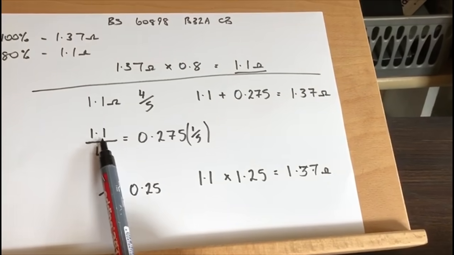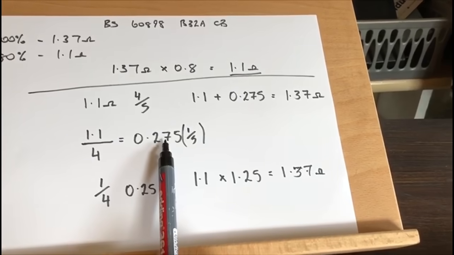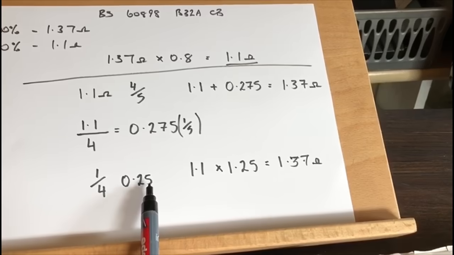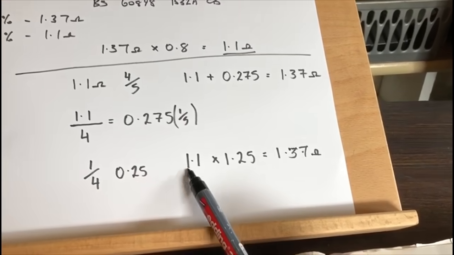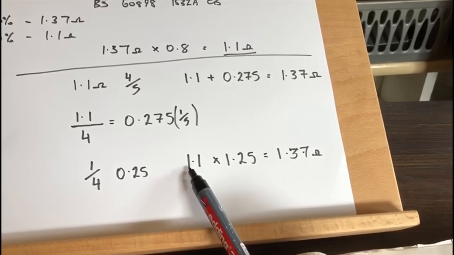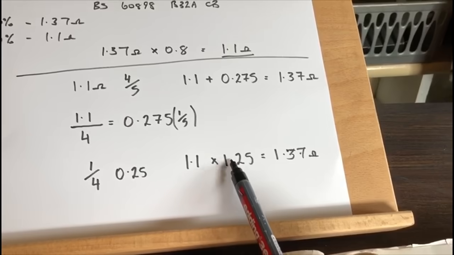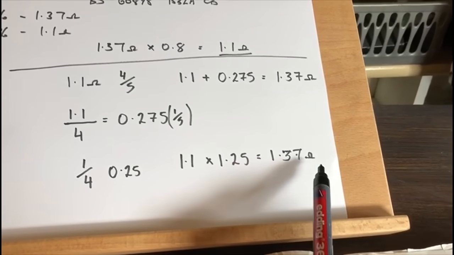So we've divided that by 4, which is the 0.275. A quarter as a decimal is 0.25. So all we need to do is, what we know is the 80% value. So we go 1.1 times 1.25, and that will equal 1.37 ohms.